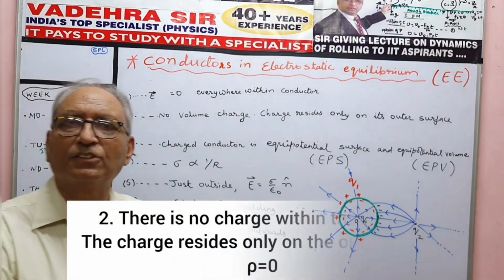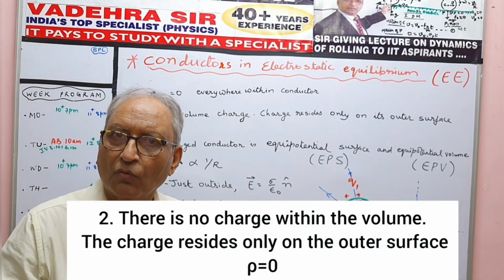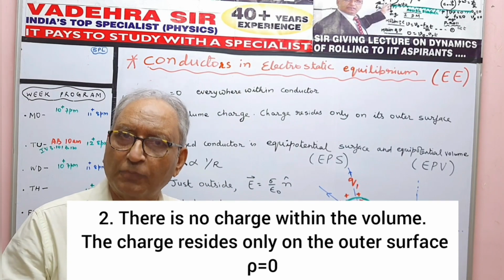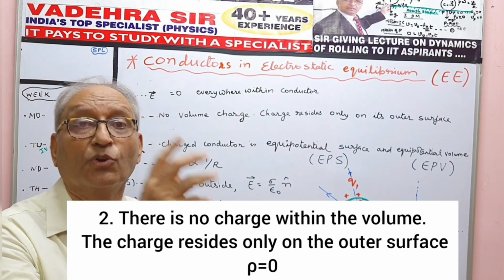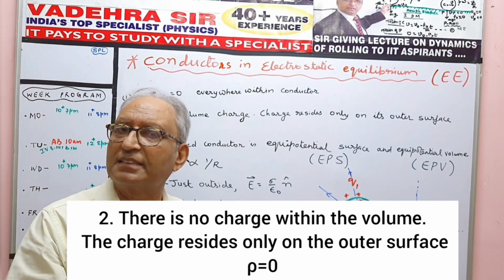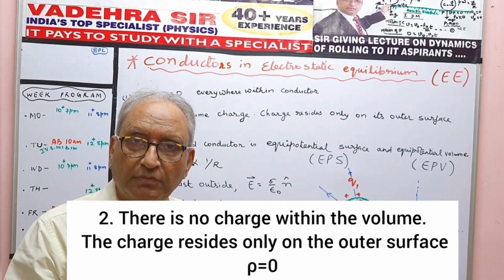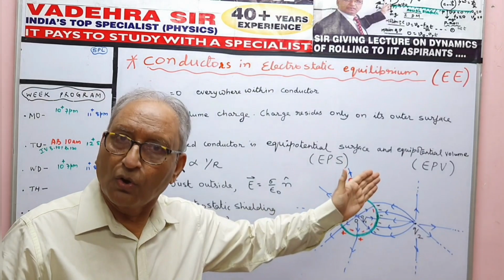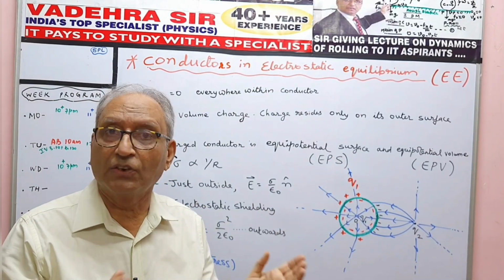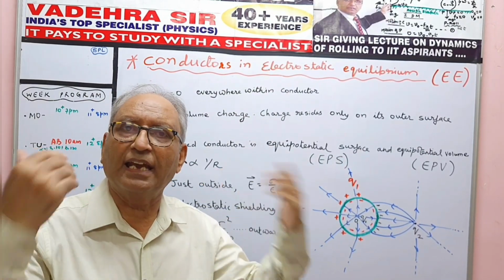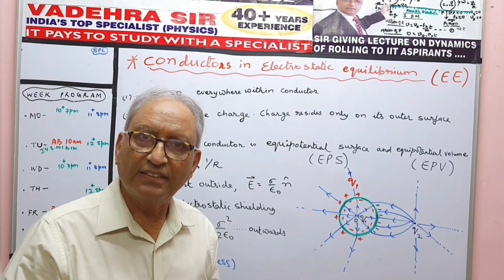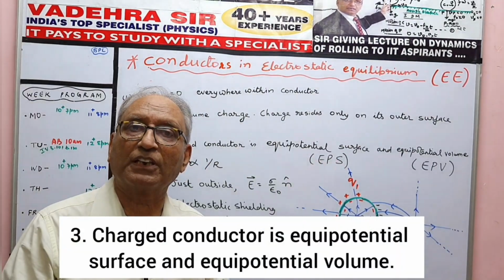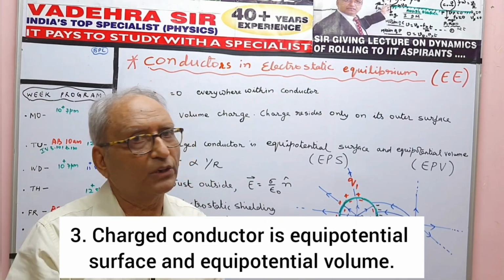Number two, there is no volume charge density within the conducting material, and also within the space if it's a hollow conductor, provided you place no charge inside the hollow space. So rho, the volume charge density, is zero everywhere. The charge is only there on the outer surface of the conductor. A charged conductor is an equipotential surface and an equipotential volume.